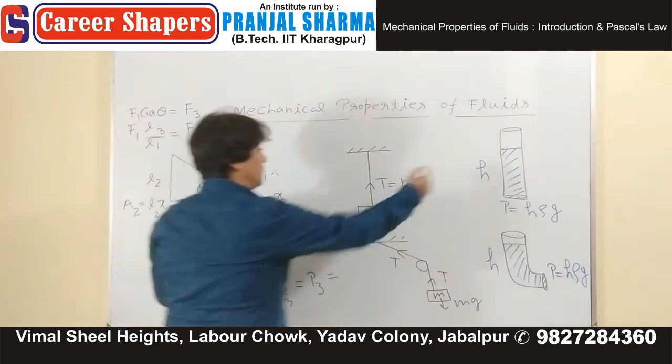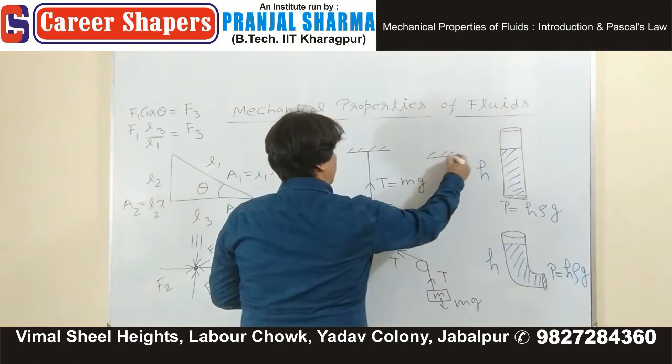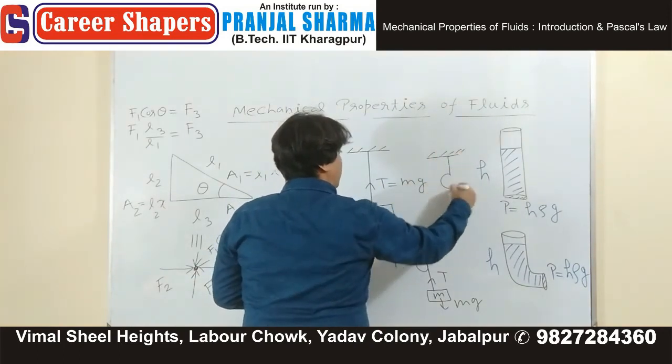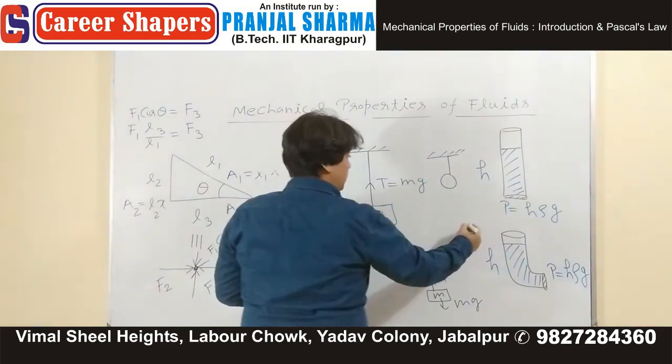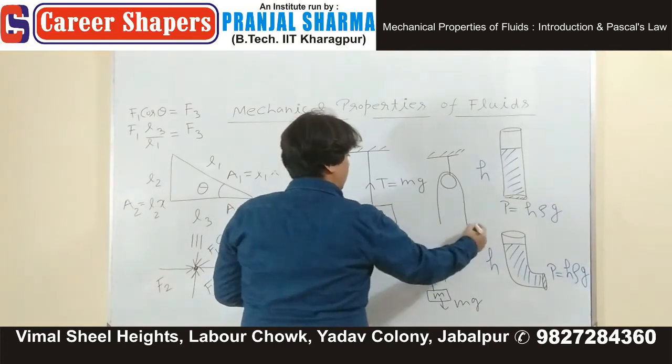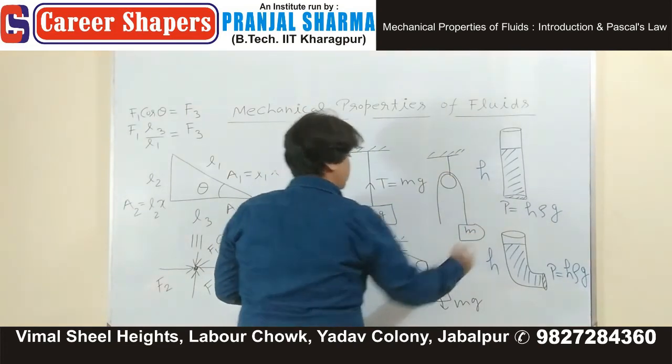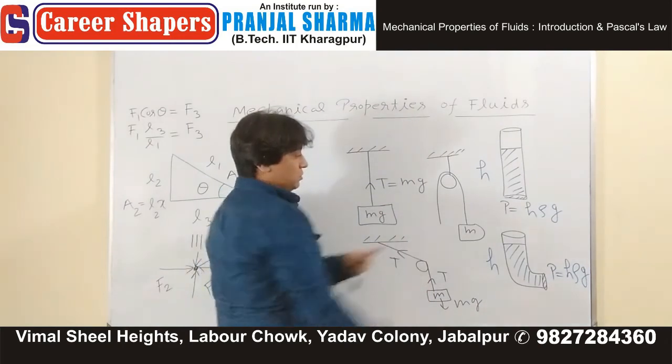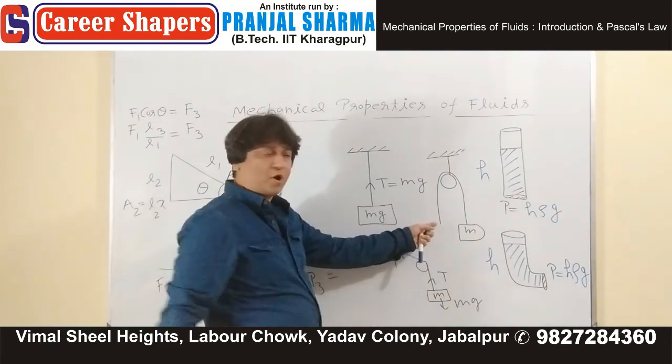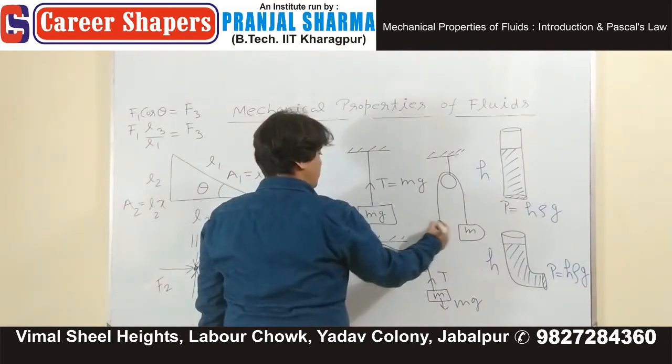If you take a pulley like this, and the mass is M, and if I ask you to hold this rope from this point, then what is the force which you are going to apply?